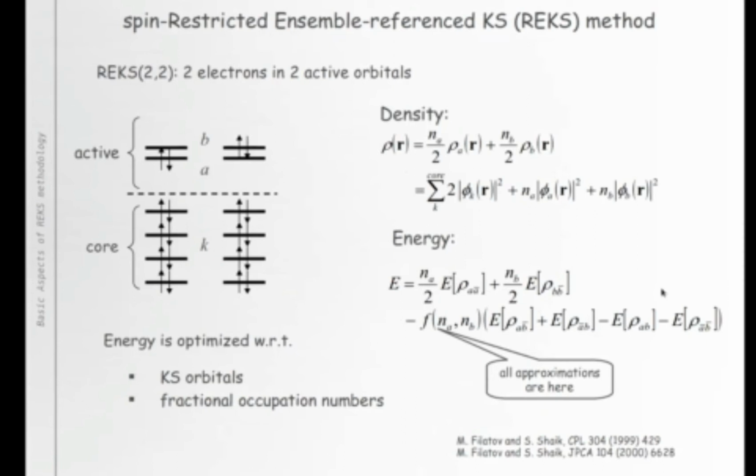The Fock matrix is a linear combination of these. I only write them for completeness, and this and that are also equal, and therefore I have four different Fock matrices to combine into one.